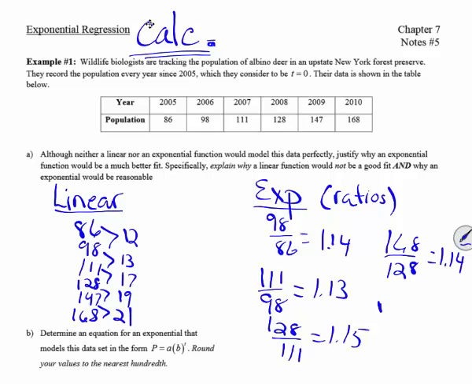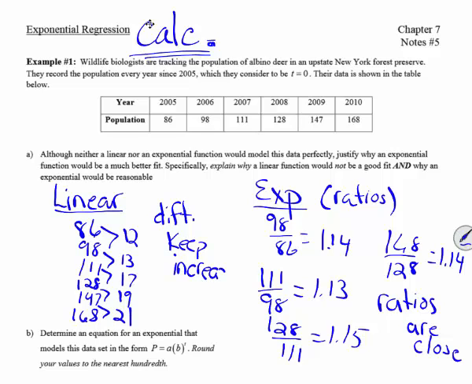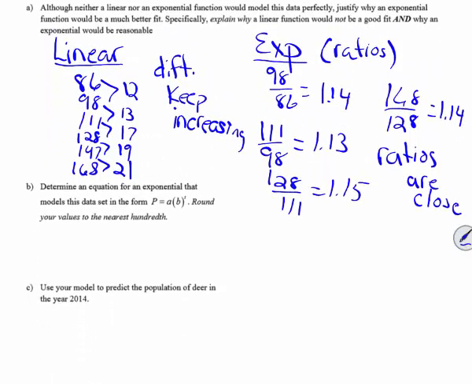So here my ratios are fairly close, whereas my differences keep increasing. So this means that my exponential equation is going to be a better fit.